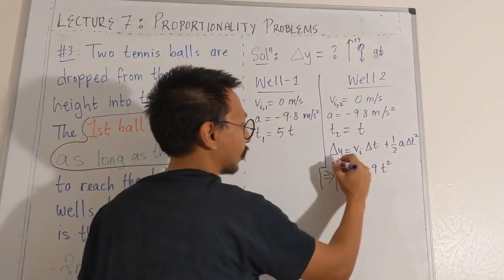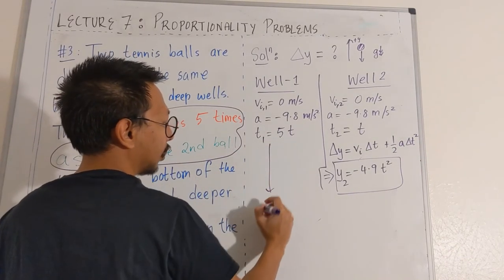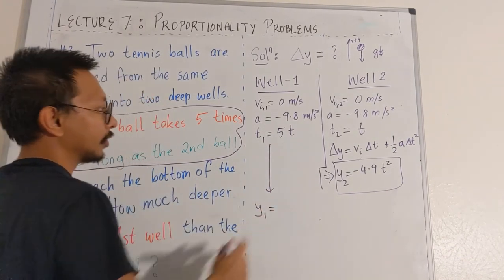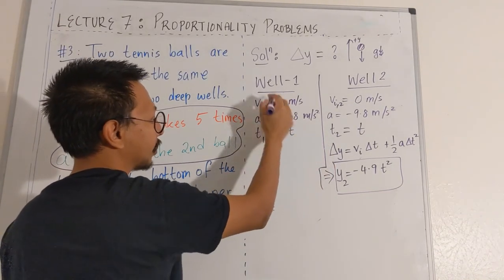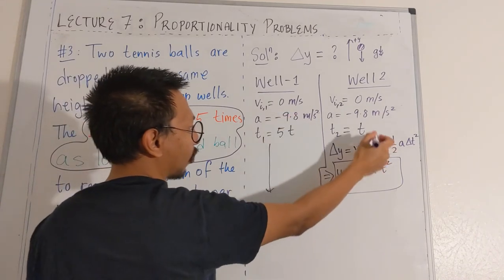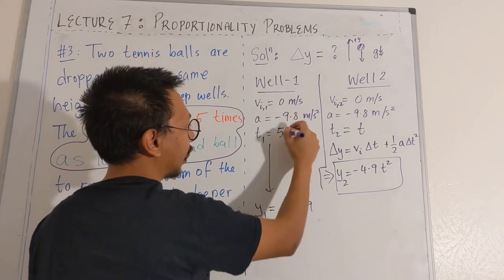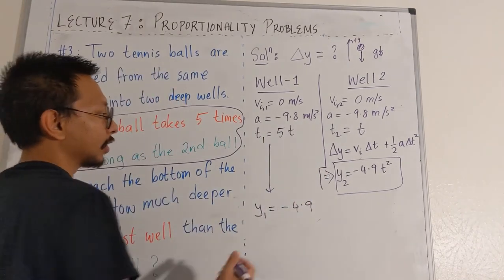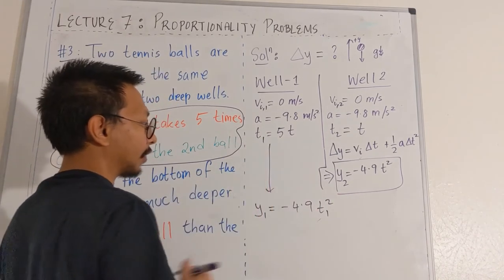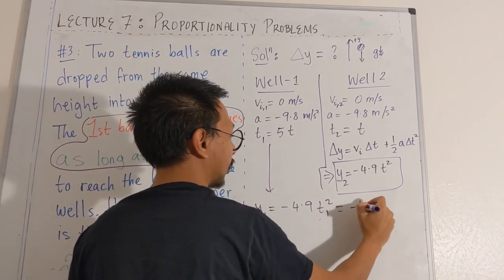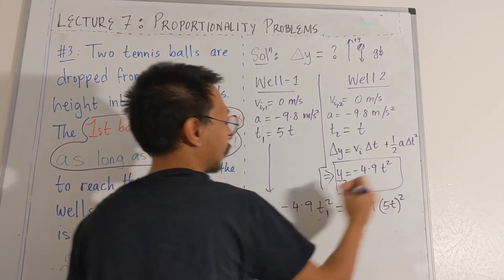So this is y2. Now, what is y1? y1 is using the same equation. y1 is vi times t, which is 0, minus 9.8 over 2, which is minus 4.9, and t squared. In this case, it is t1 squared. t1 is nothing but 5 times t, so it is actually minus 4.9 times 5 times t, whole squared.